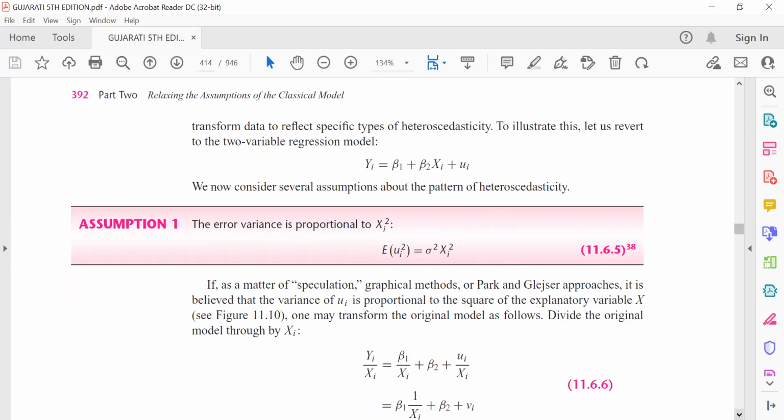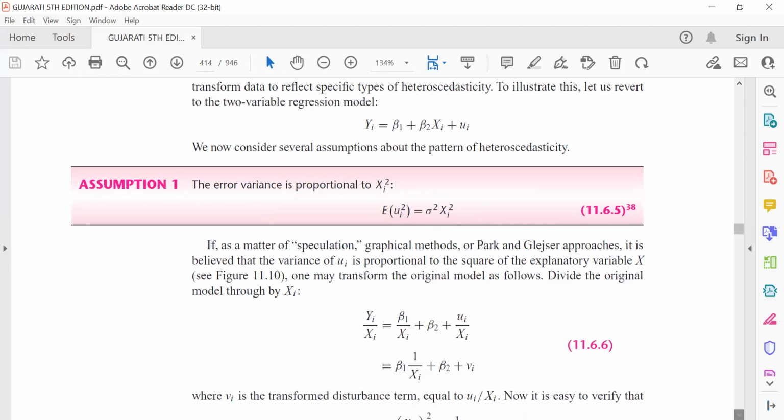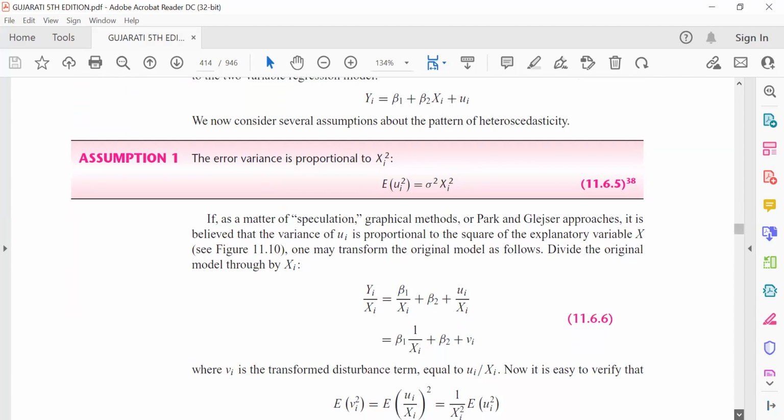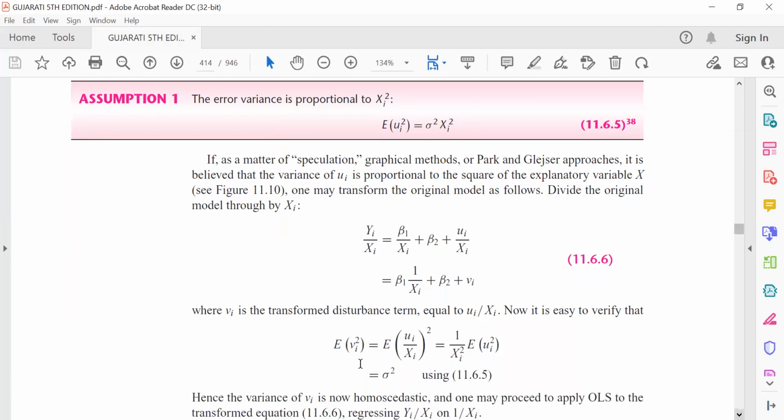This is transformed data. We call it also weighted data. After transforming the data, we hope we will have sigma square, that means a homoskedastic model.